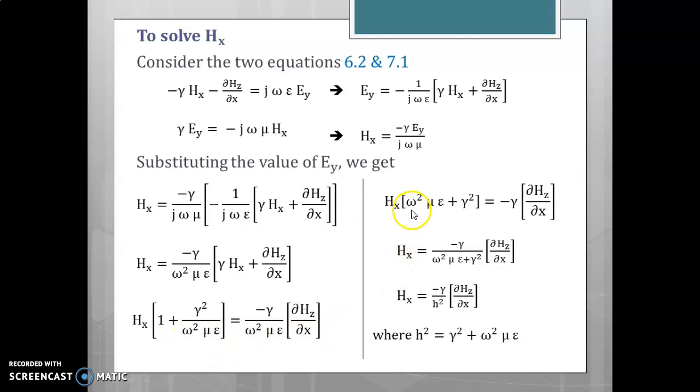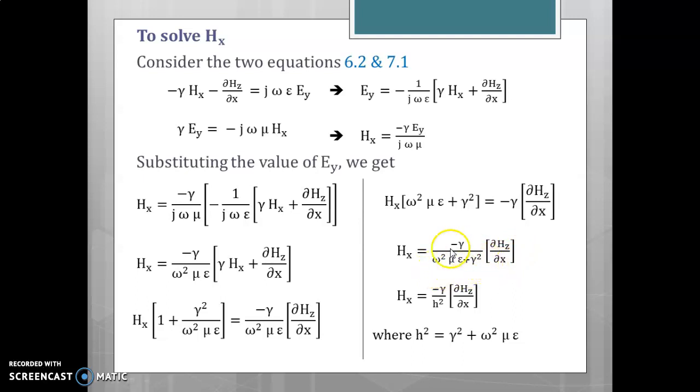It will result in omega square mu epsilon plus gamma square multiplied by Hx is equal to minus gamma dou Hz by dou x. So Hx can be written as, bring this term to the denominator, minus gamma divided by omega square mu epsilon plus gamma square multiplied by dou Hz by dou x.